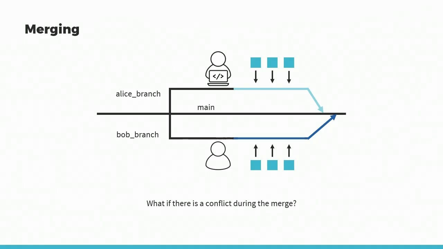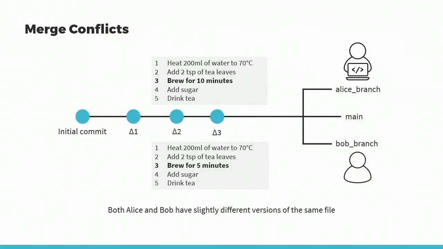Now, because both Alice's team and Bob's team are working on the same project, it's quite possible to have conflicts during the merge. Maybe Alice's team made some changes that directly contradicted Bob's team's changes. Maybe they're working on the exact same file and they've changed the exact same line, but each have changed it to something different.